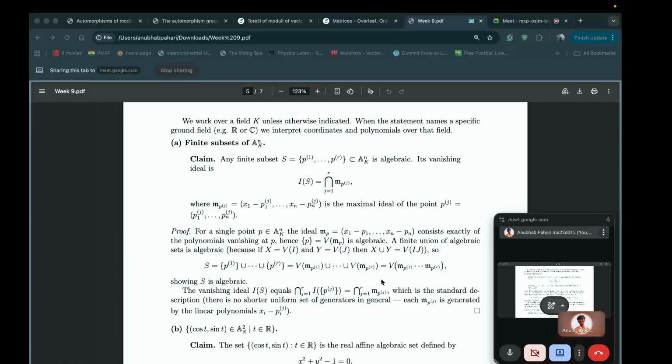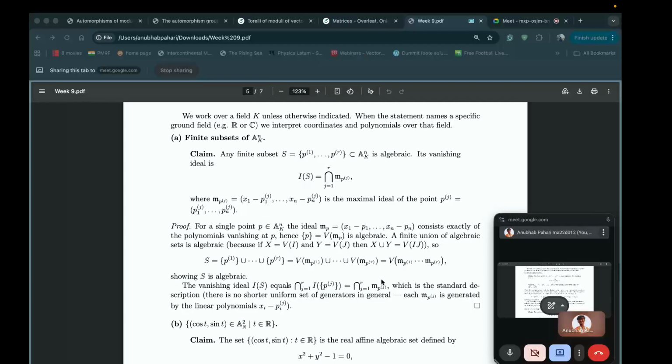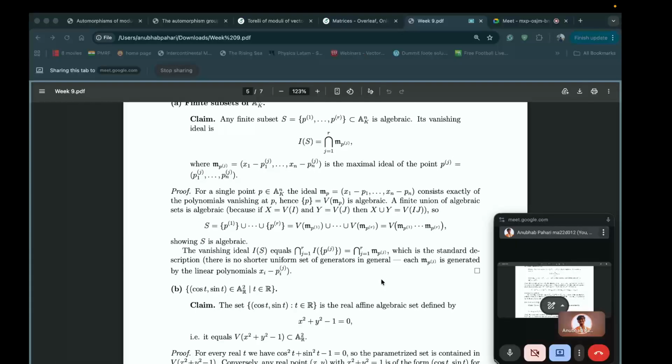So these are tuples for the P_j, and we have to show that this ideal, which is the intersection of all the maximal ideals, is responsible for this finite subset to be algebraic. Now you can try this for 2-3 minutes, then you can start.